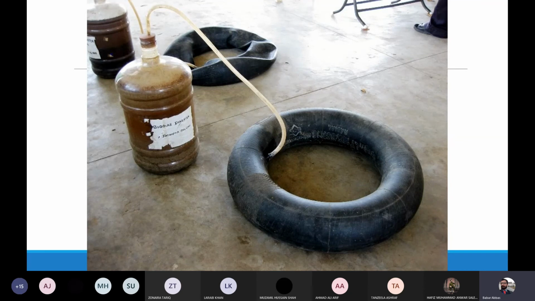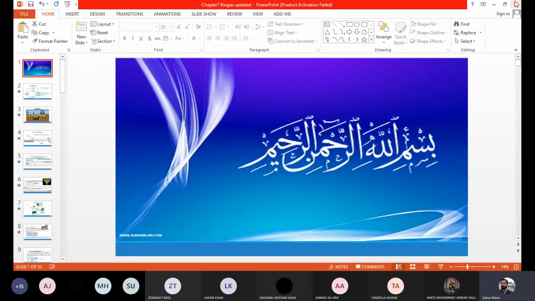You can have such systems for evaluating the biogas production potential of different feedstocks with multiple such setups. With this, we conclude our session.